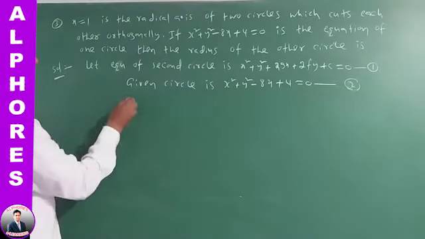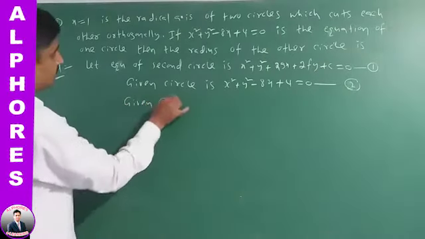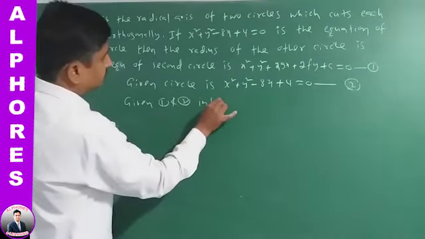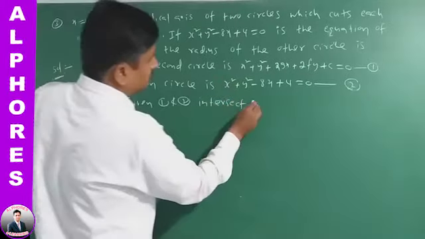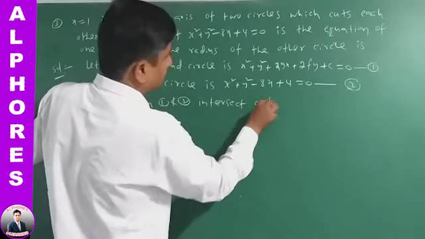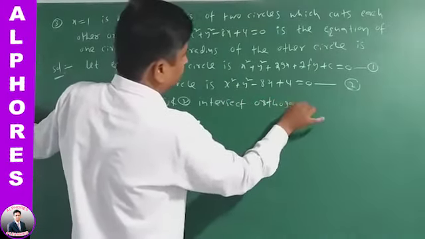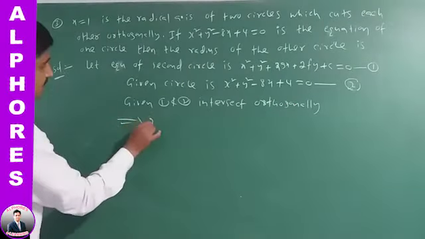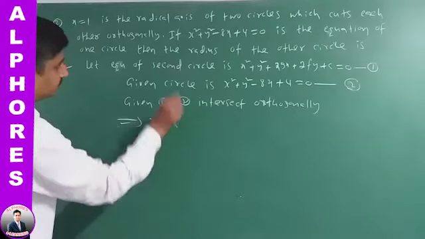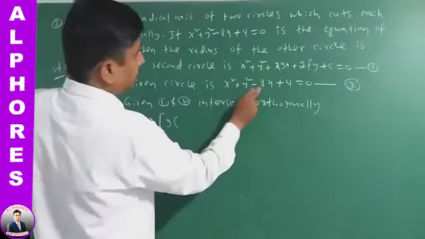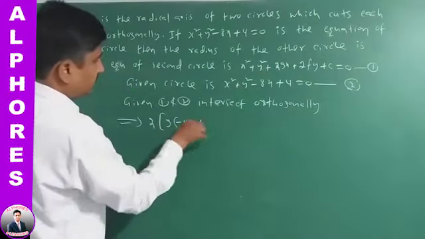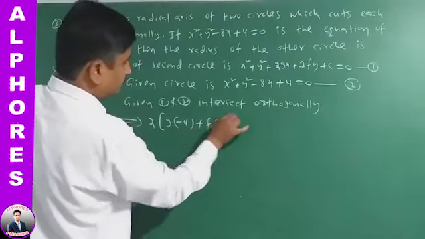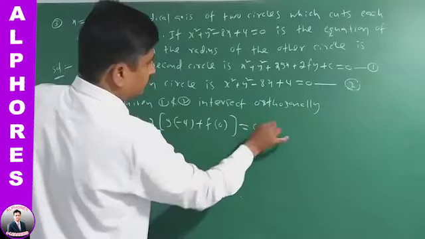This implies 2 into g g dash, that is, 2gg' equals minus 4 f f'. Here f is 0, so it equals c plus 4.